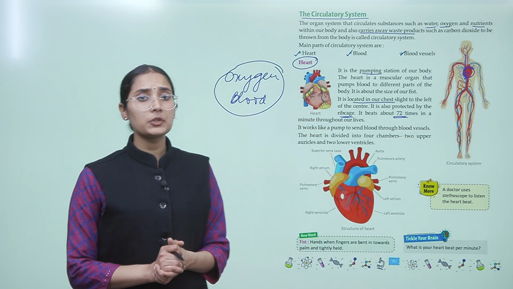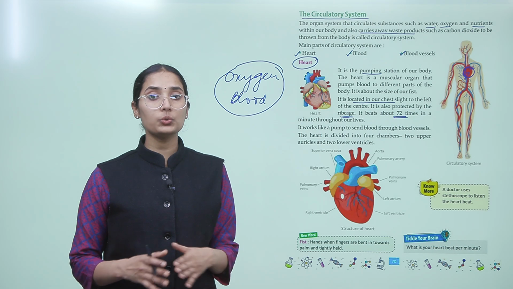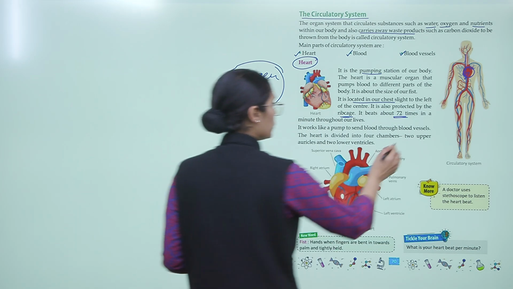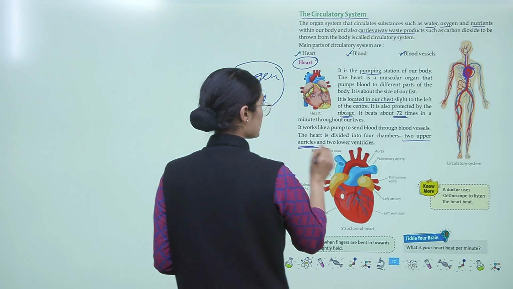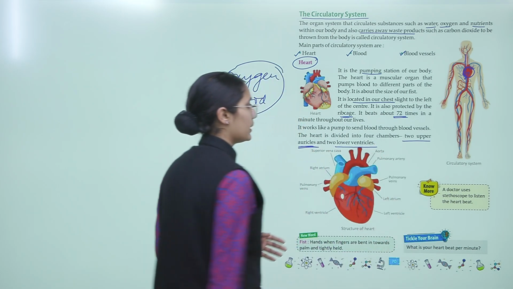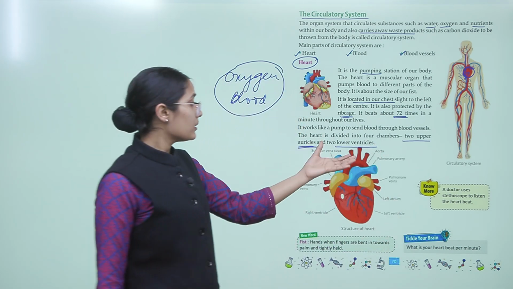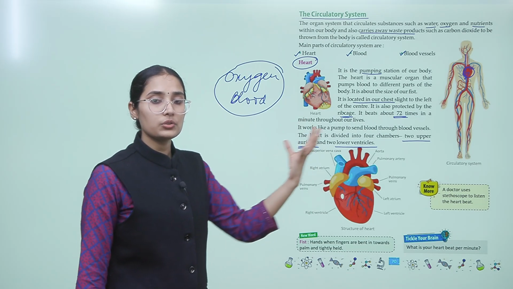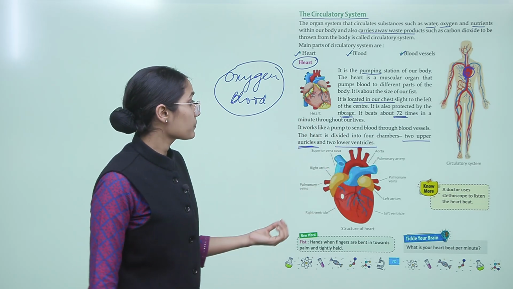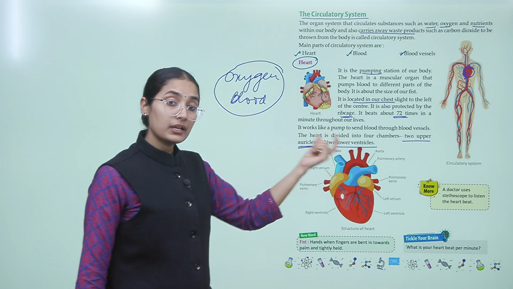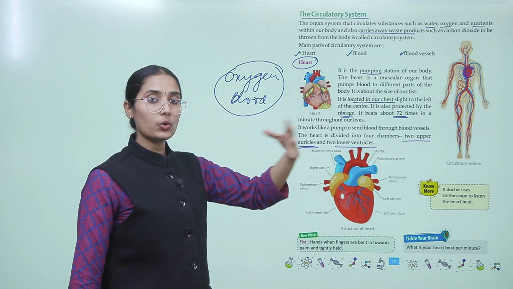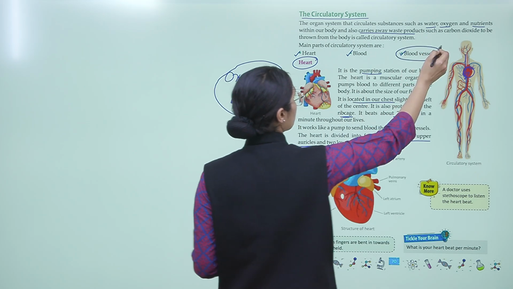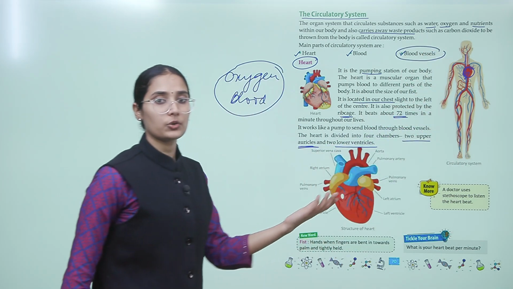It works like a pump to send blood through blood vessels. The heart is divided into 4 chambers, 2 upper auricles and 2 lower ventricles, right? So our heart works like a pump, okay? It pumps the blood and sends it to different organs, our whole body. And this blood is supplied to the other body parts through blood vessels, which we will learn later on.